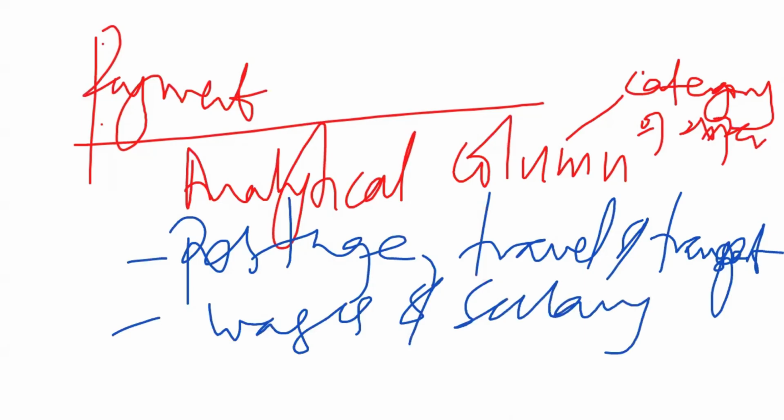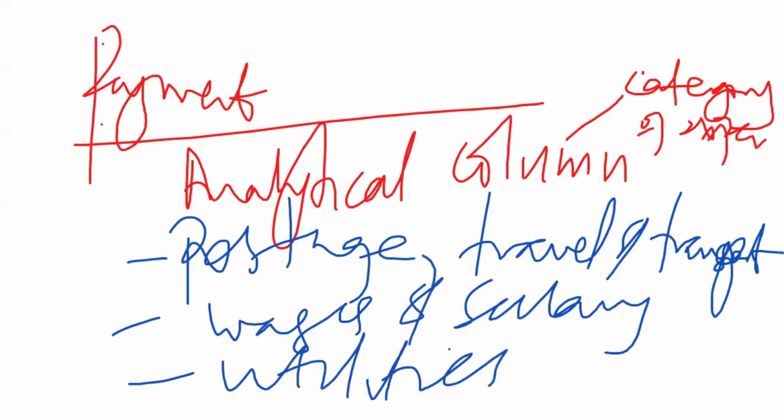We can have a column for utilities. So that's how the analytical column works, the utility column will have all the utility bills.